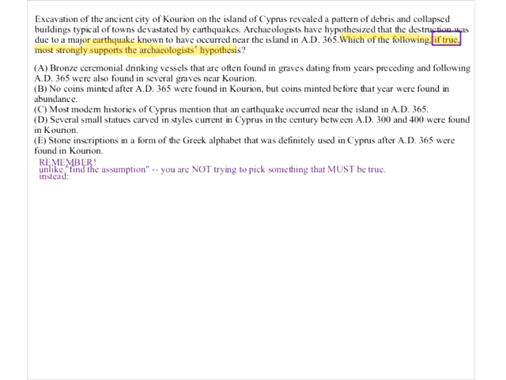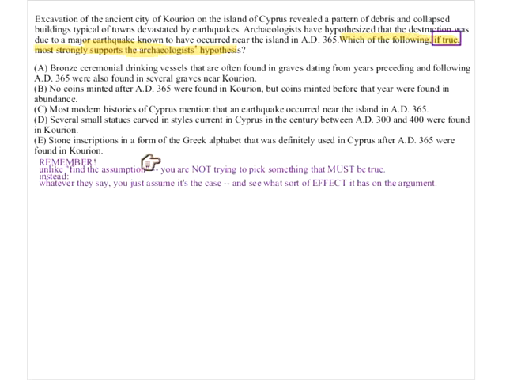Instead, whatever they say, you just assume it's the case and see what sort of effect it has on the argument. If you try to answer these as though they were find the assumption problems, you will get them all wrong. Because that's not what we're doing here.